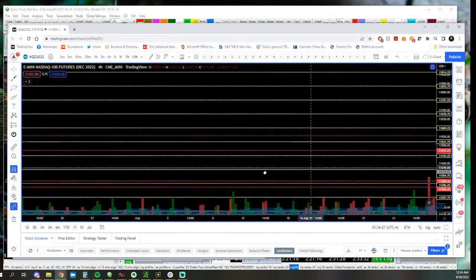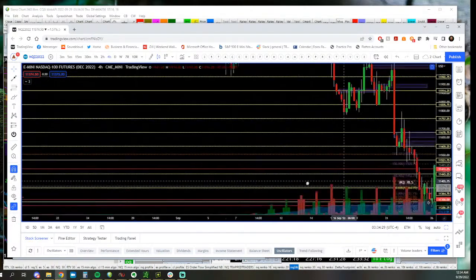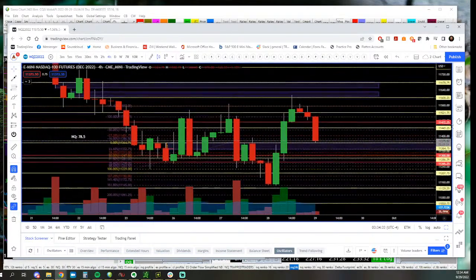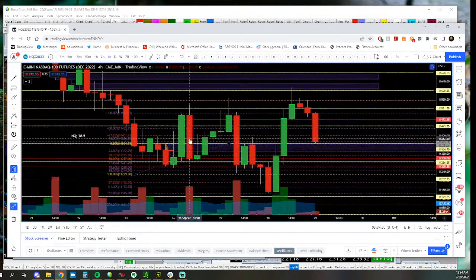I use on candlestick charts as well, and then I extend them to the right. And what you'll find is, like I said, you'll basically have fair pricing in the middle and unfair pricing outside of them.